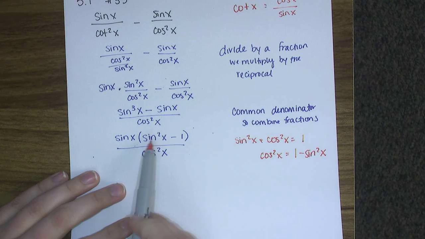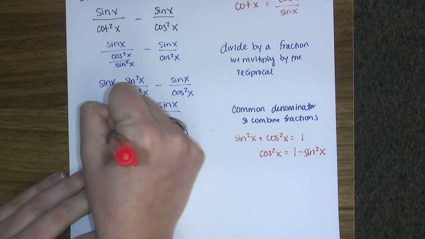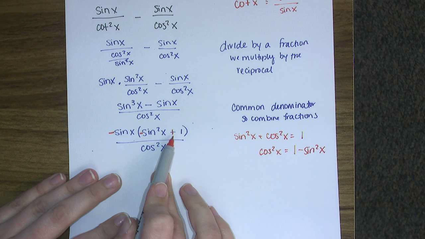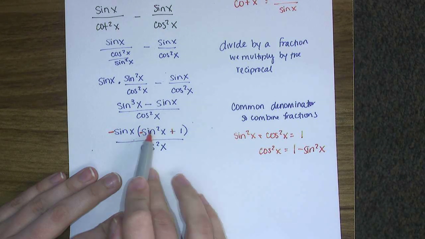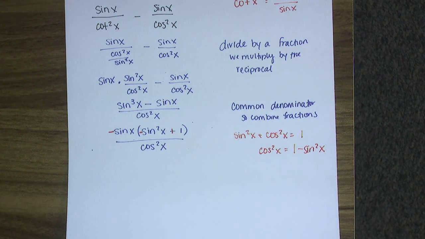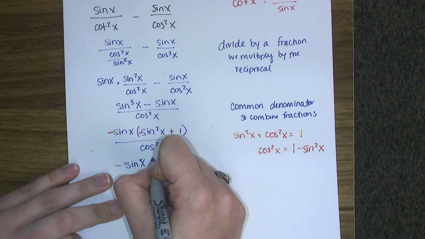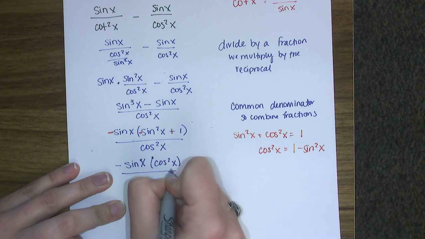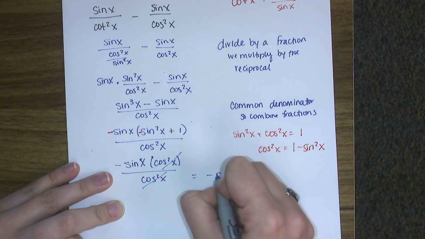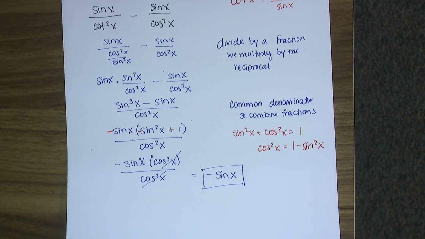Because this is negative and this is positive, what I can do is pull out a negative, making that negative inside become positive. So now I have 1 minus sine squared, which can be replaced with cosine squared. So I have minus sine of x times cosine squared of x all over cosine squared of x. Those two cancel, leaving me with minus sine of x. So that's that problem.